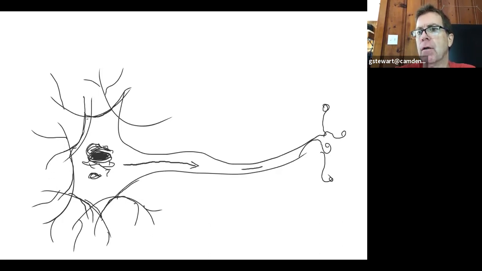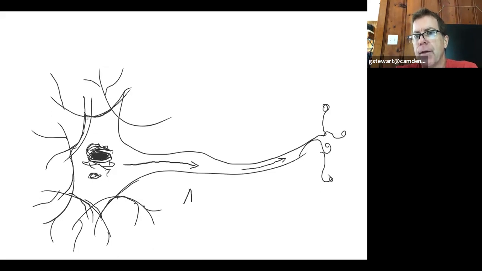direction toward the axon terminal. And that directional flow of material has a name. We're talking about something called transport of material along the axon.